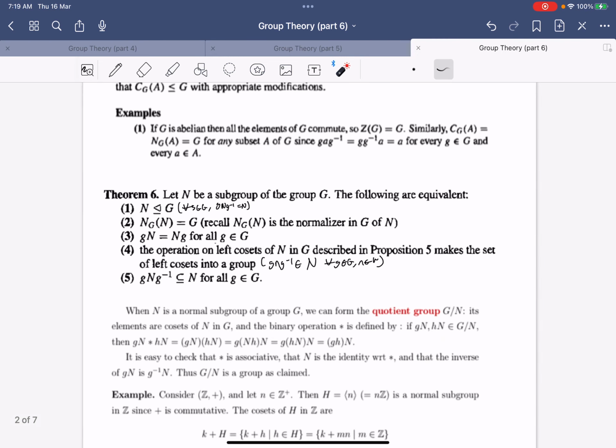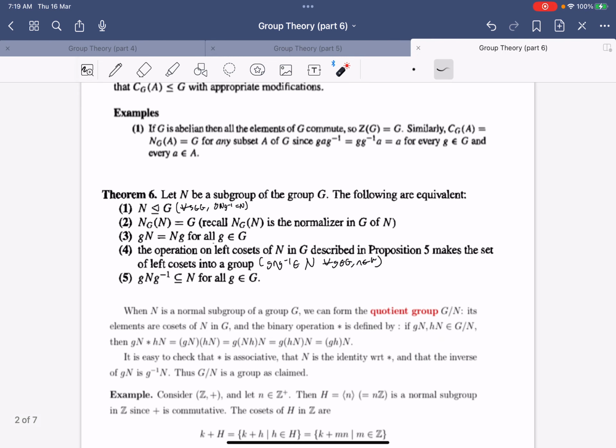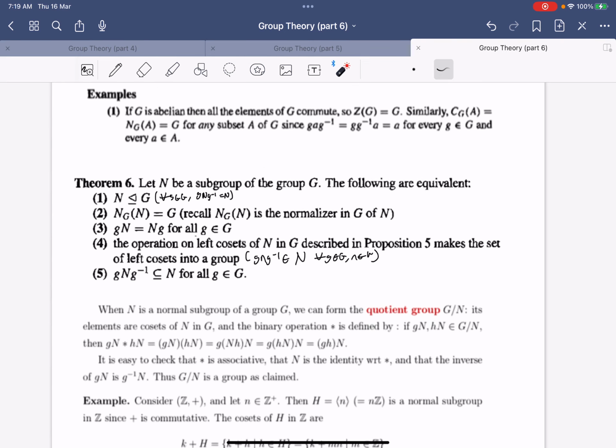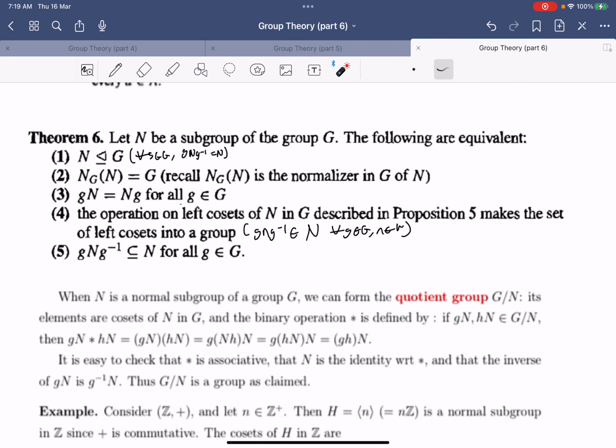And then we state Theorem 6, which says that if N is normal in G, then it is equivalent to any of these five statements. And really, the proofs are very simple and straightforward. 1 implies 2 is very direct: the normalizer of N equals G, and I've already explained why.